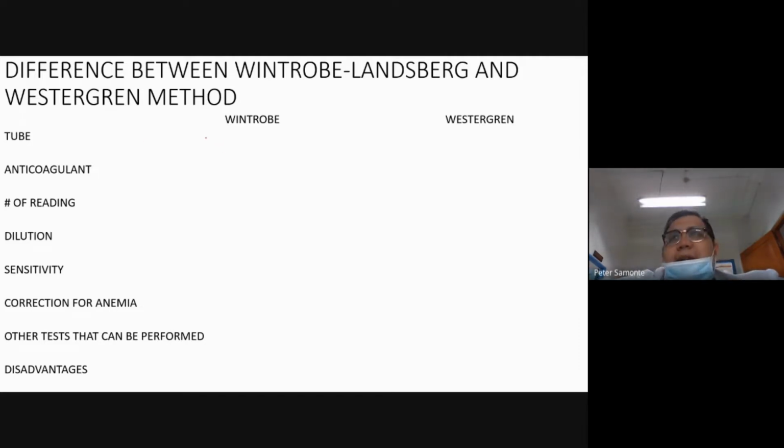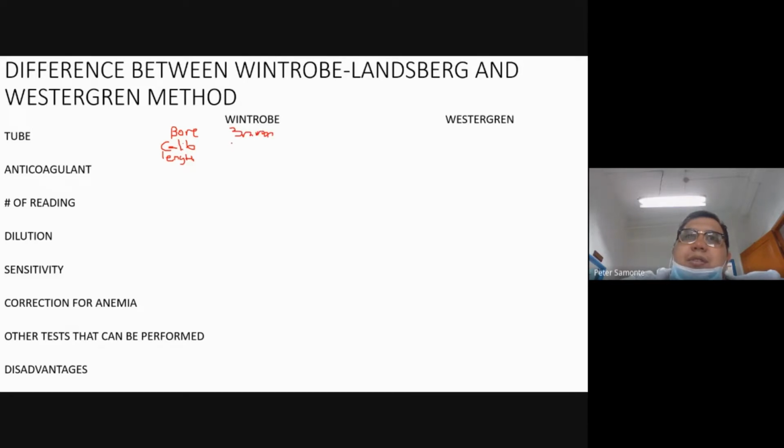Okay. Now, here are some points of difference, class, sa Wintrobe nyo and Westergren method. Sa tube nyo class, let's focus on three aspects: yung bore, yung calibration, at yung length. So please do remember this, but I will upload a video of this so you could review it again. Ang bore ng Wintrobe ay 3 millimeters.